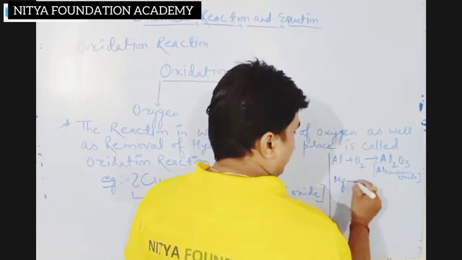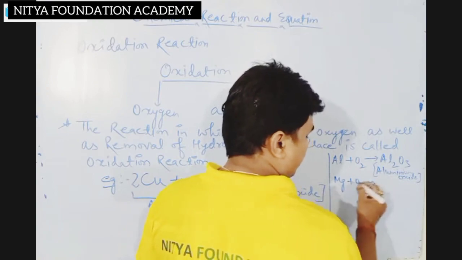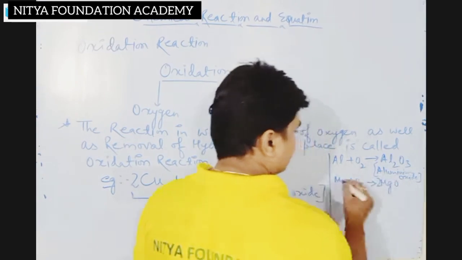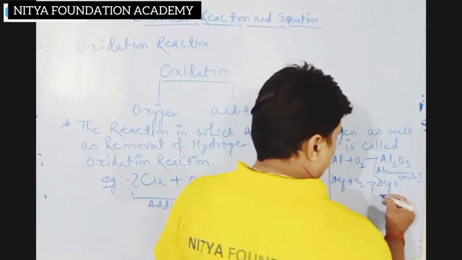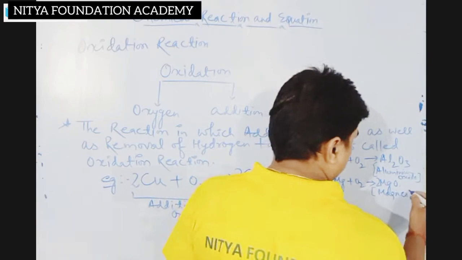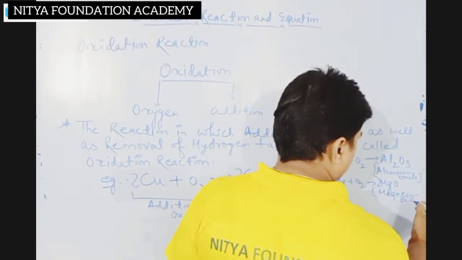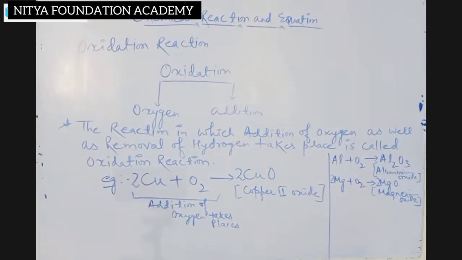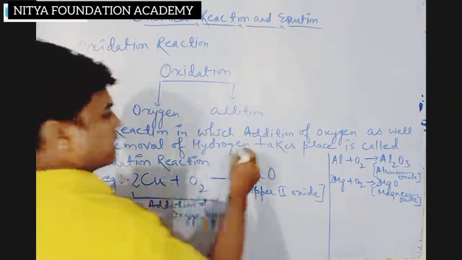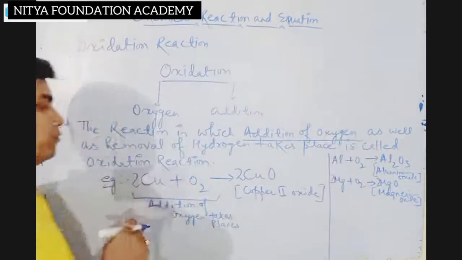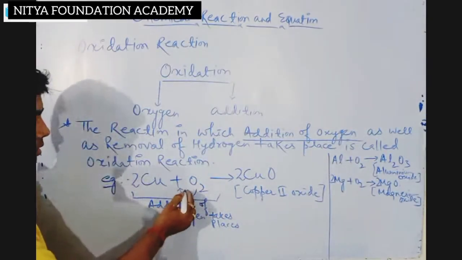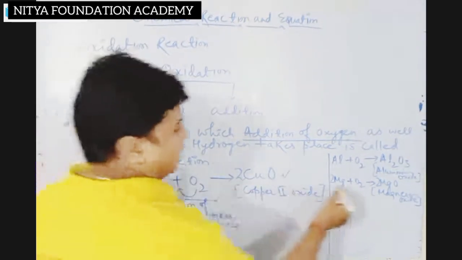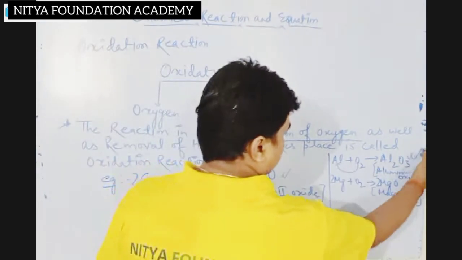When magnesium reacts with oxygen, it is magnesium oxide. So these all are examples of oxidation reaction. Addition of oxygen is the common example of oxidation.